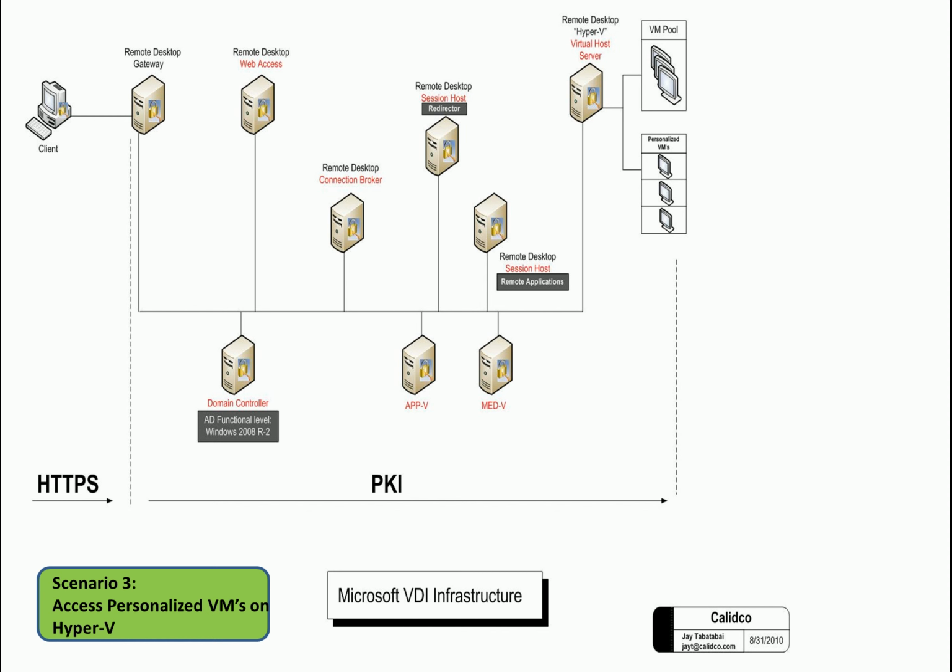Those are defined based on the policies within the system. The request comes from the client, goes to the gateway, and the user gets authenticated. It goes to the connection broker to read the policies, goes to the redirector, and comes to the virtual host. Now we know which personalized VM belongs to the user, and that gets returned to the user.